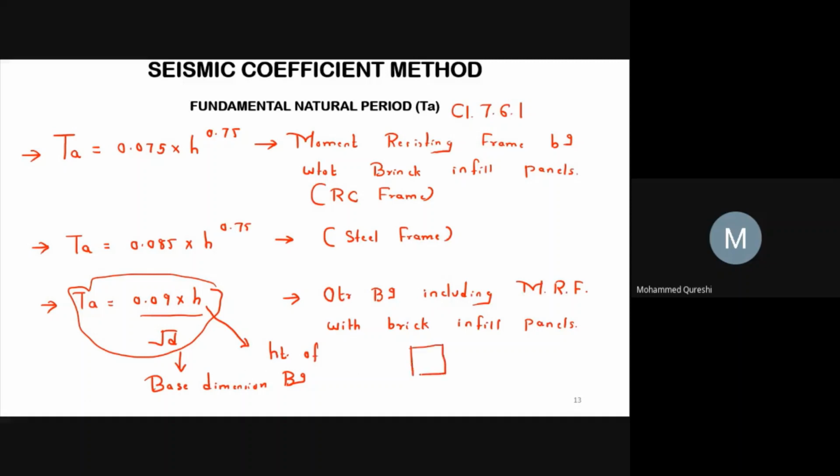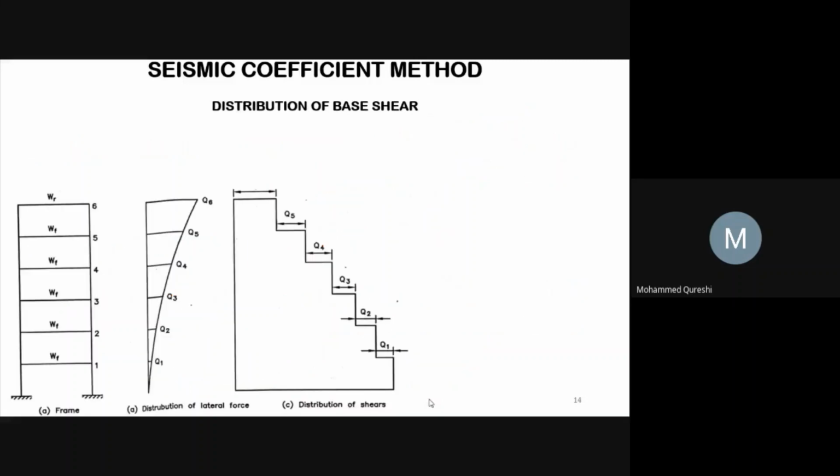Suppose this is your building, so this will be your height of the building and this will be your d, that is base dimension of the building, along the considered direction of the lateral force. Remember this thing. Now, our next will be distribution of base shear.